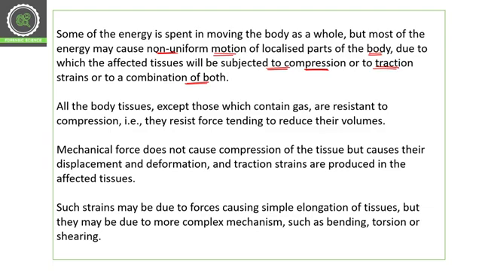All the body tissues except those which contain gas are resistant to compression. What does that mean? We breathe, so we have some specific types of tissues in our lungs.